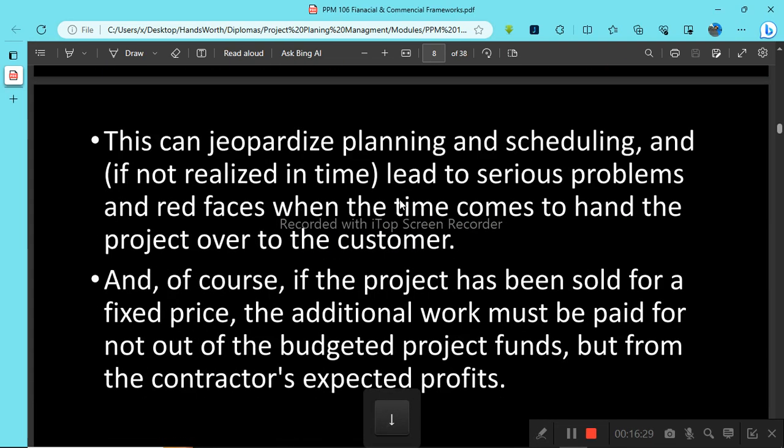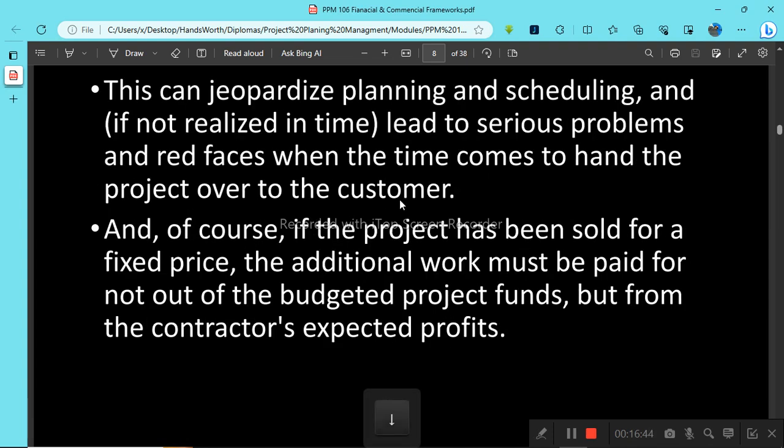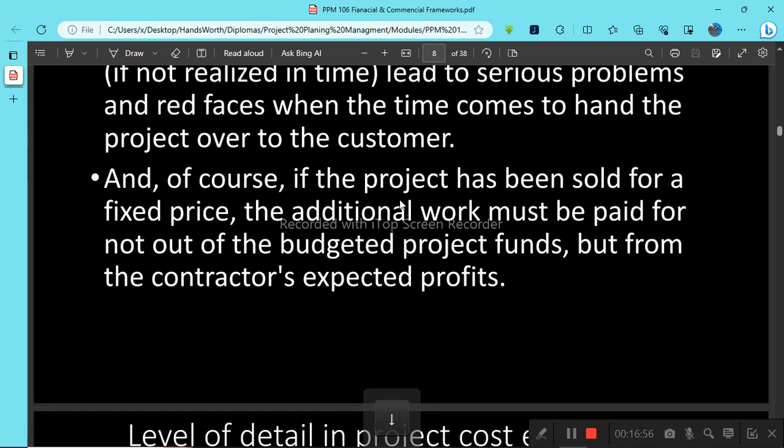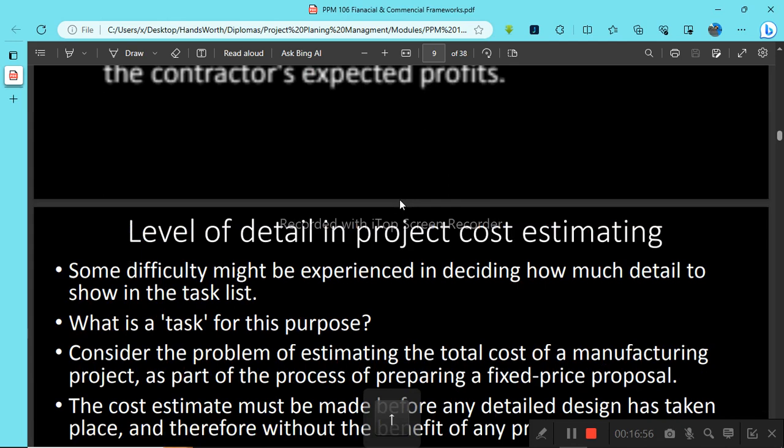This can jeopardize planning and scheduling and, if not realized in time, lead to serious problems and red faces when the time comes to hand the project over to the customer. And of course, if the project has been sold for a fixed price, the additional work must be paid for not out of the budgeted project funds, but from the contractor's expected profits.